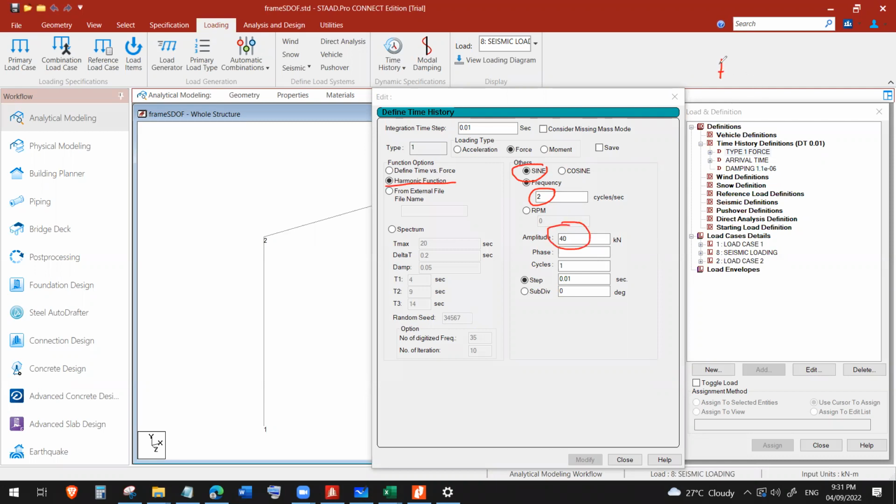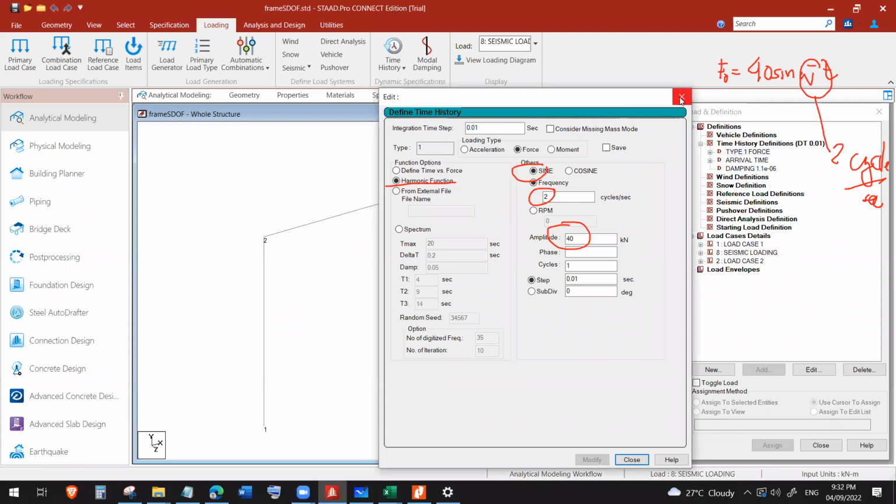So meaning our F is 40 sine omega bar t, wherein omega bar is 2 cycles per second.